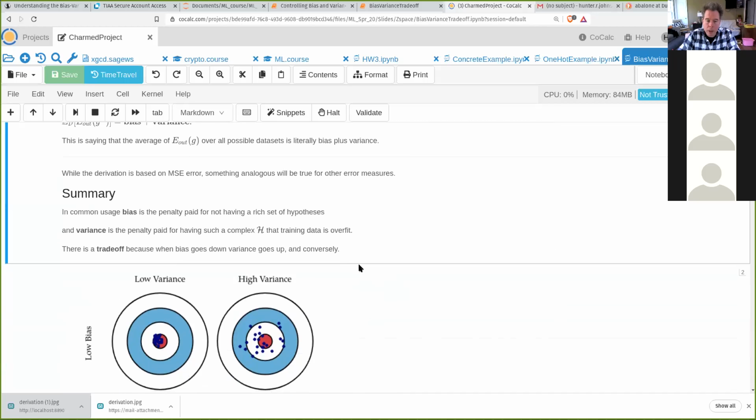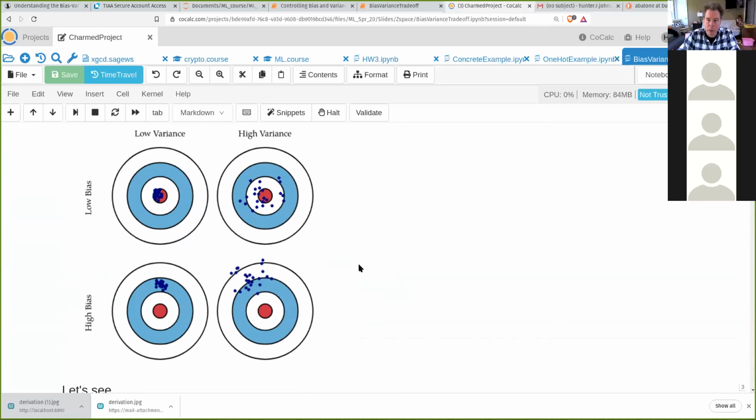So Tyler sent us this great diagram, and maybe I'm looking at it too soon because we haven't talked about variance. But you can just look at bias. Here's the bullseye. The bullseye is like F, and when you have high bias, G bar is sort of where your best hypotheses tend to aggregate.